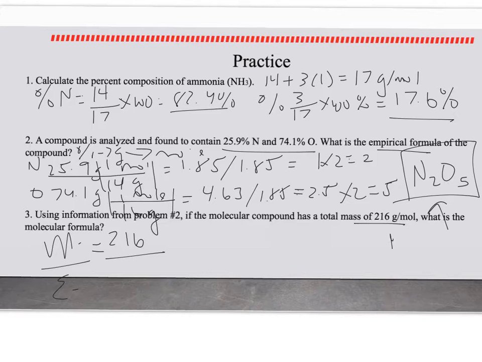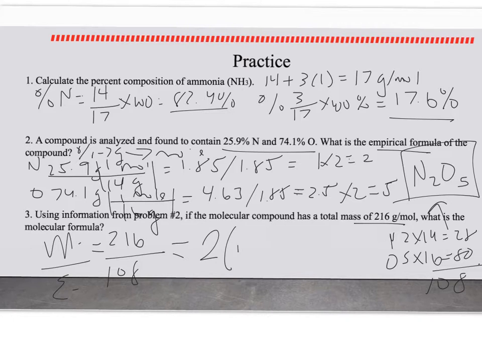For nitrogen, there's 2, each with a mass of 14, so that's 28. And then my oxygens, I have 5, each with a mass of 16. That's going to total up to about 80. So 28 plus 80, I should get 108. So that's my empirical molar mass. So 216 divided by 108 is a factor of 2.